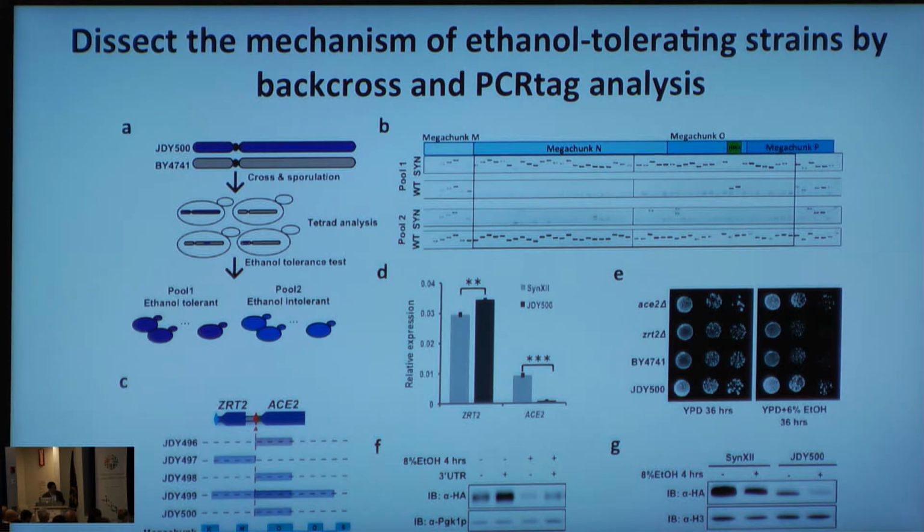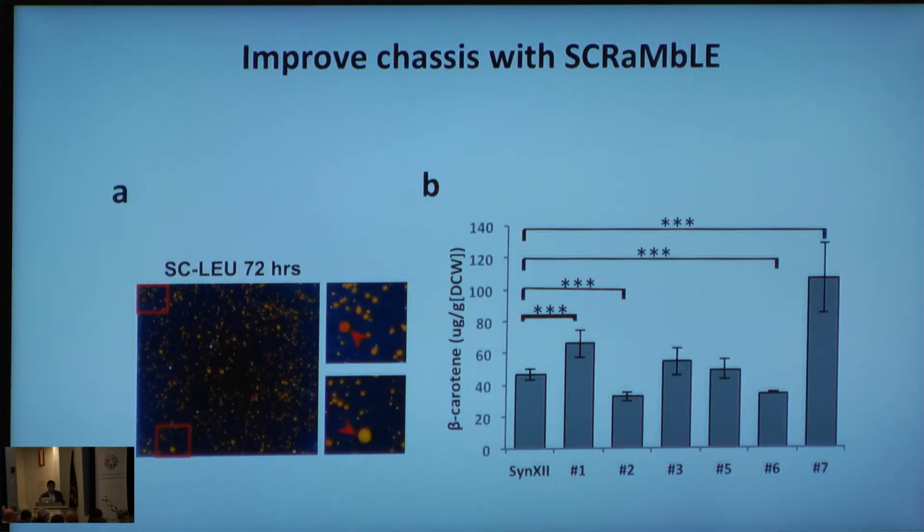That result shows that we can use SCRaMbLE to identify ethanol-resistant strains, and we can also use the method we developed to map where the resistance comes from, which is the mechanism of this resistance. We also probed whether it is possible to improve the chassis with the SCRaMbLE system.